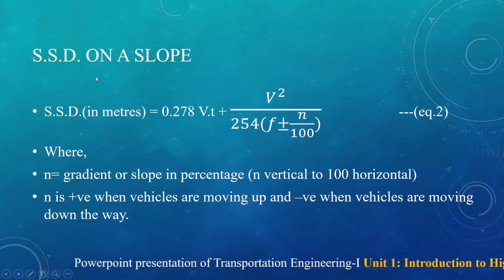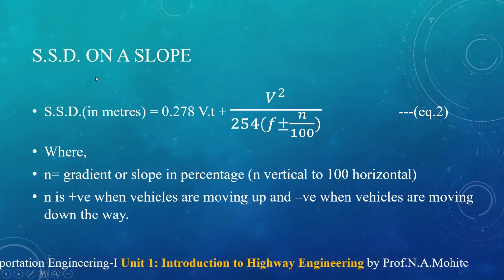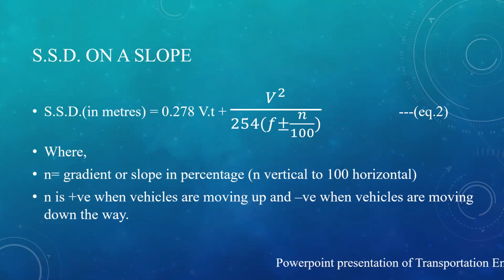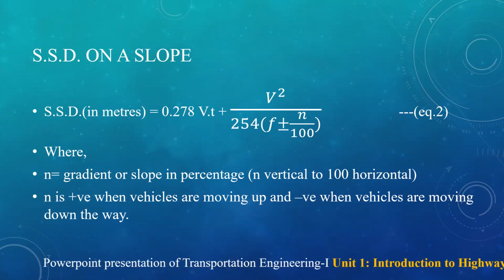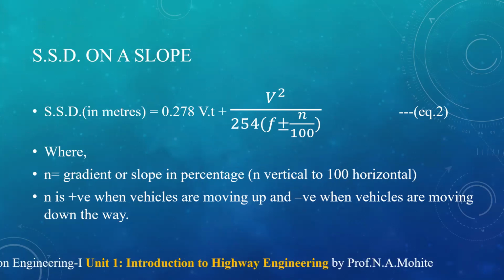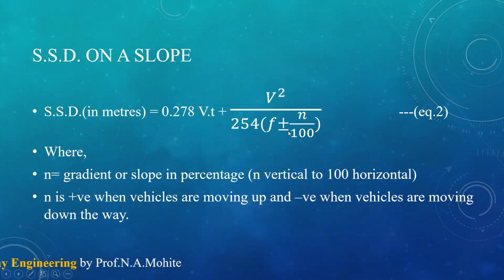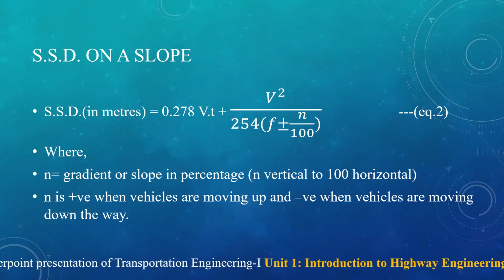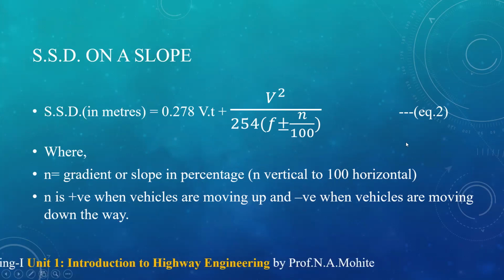Before that, there are certain corrections to be applied whenever a vehicle travels on a slope or gradient. The same formula will be used, only the nature of the slope, whether upwards or downwards, will be added with respect to the friction.